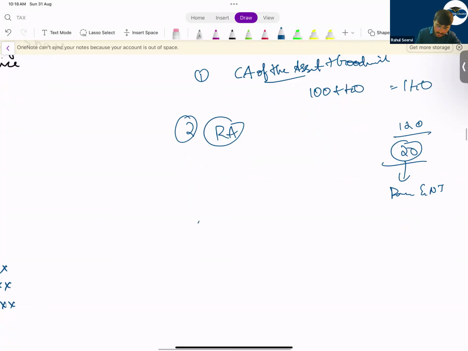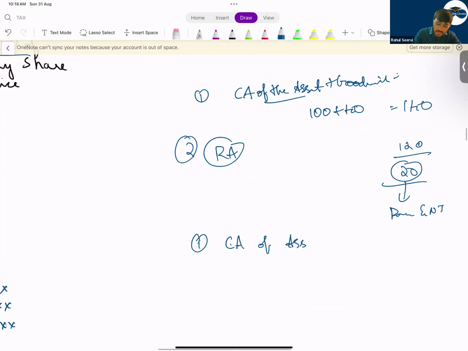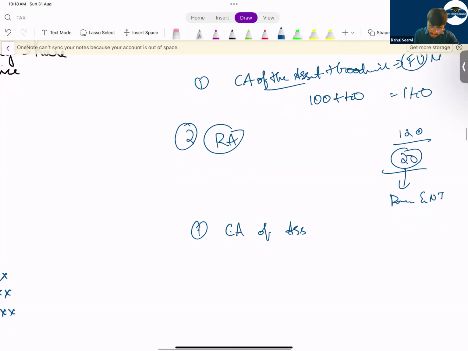But the other way around, sometimes the carrying amount of the asset you take, and this goodwill is based on the proportionate method.